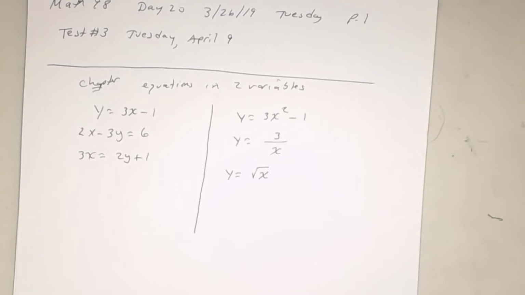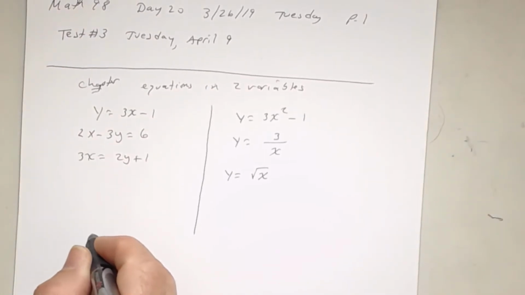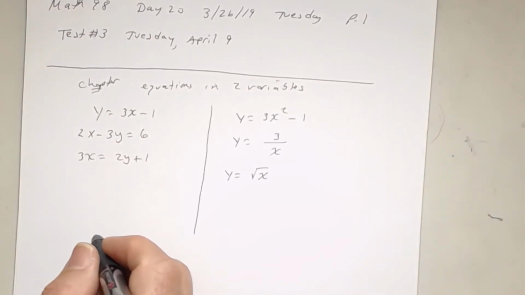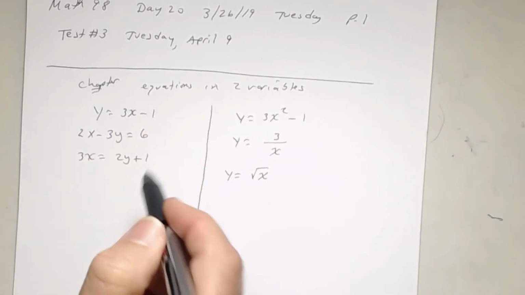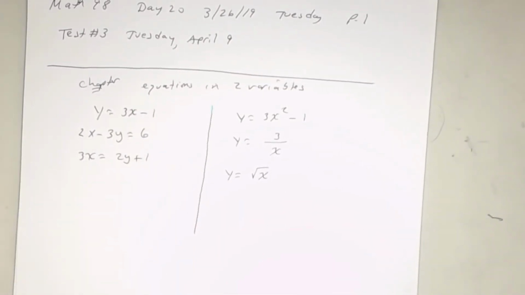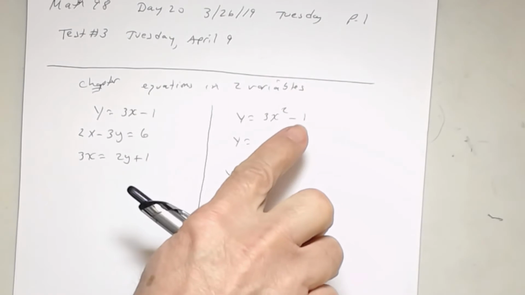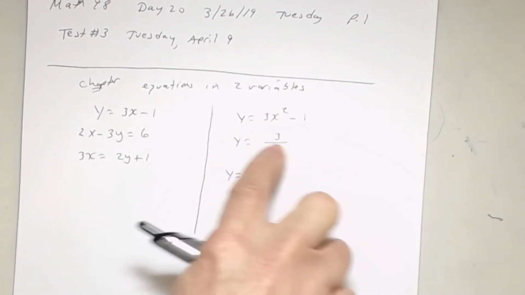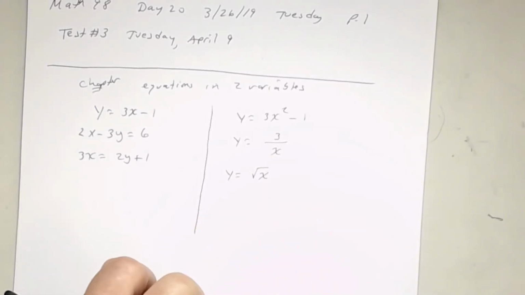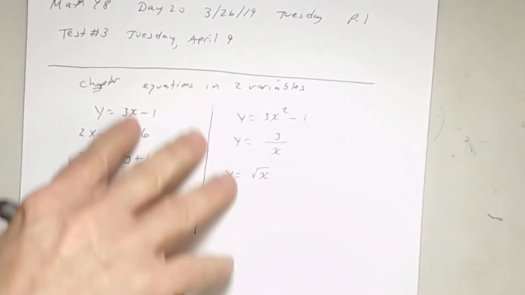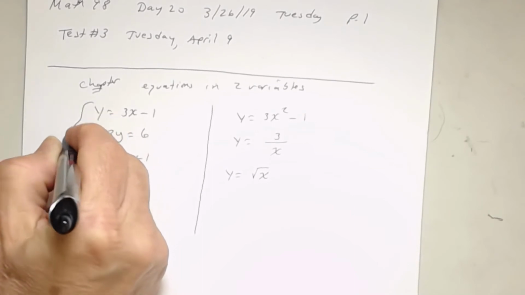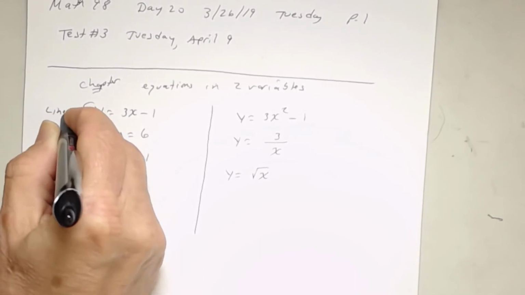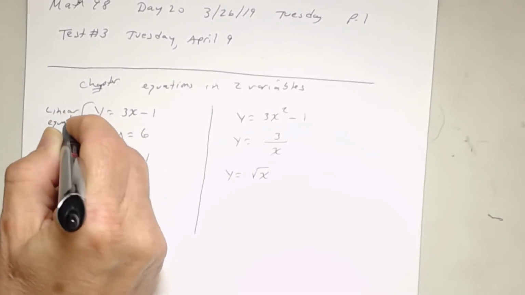Now, in this course, we're only interested in the first side, the first one. Yes, we're only interested in this kind. In the next course, you'll be interested in this kind, and this kind, and in college algebra, you'll be interested in this kind. So in this course, you're only interested in linear equations.